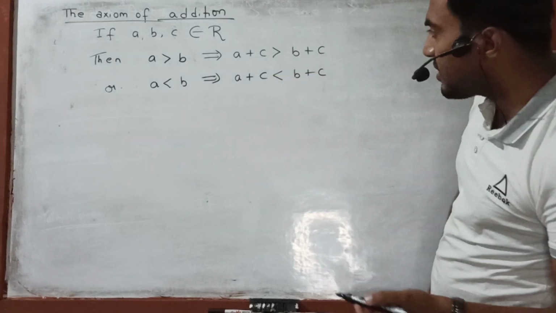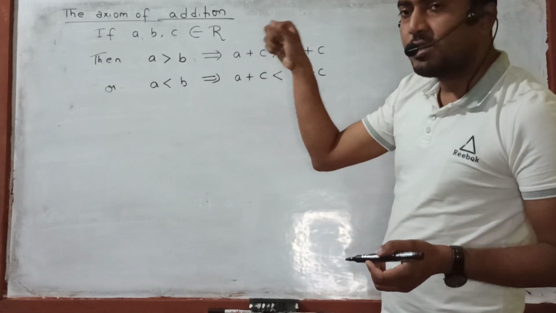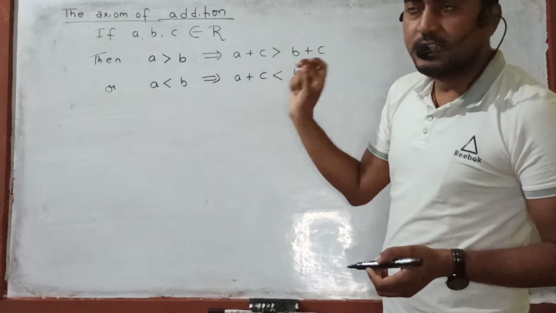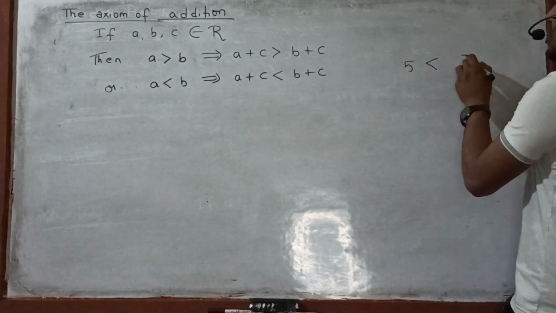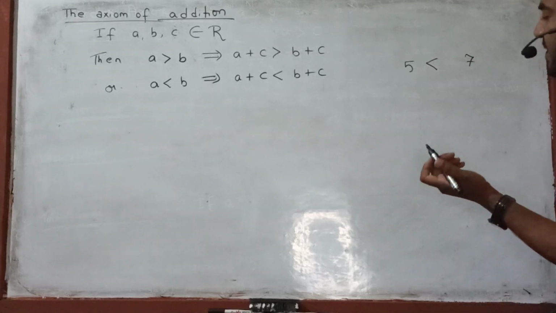So what you understand is that if you are taking any inequality, and if you are adding equal quantities, then the sign of inequality will not be changed. For example, suppose 5 is less than 7, obviously 5 is less than 7.